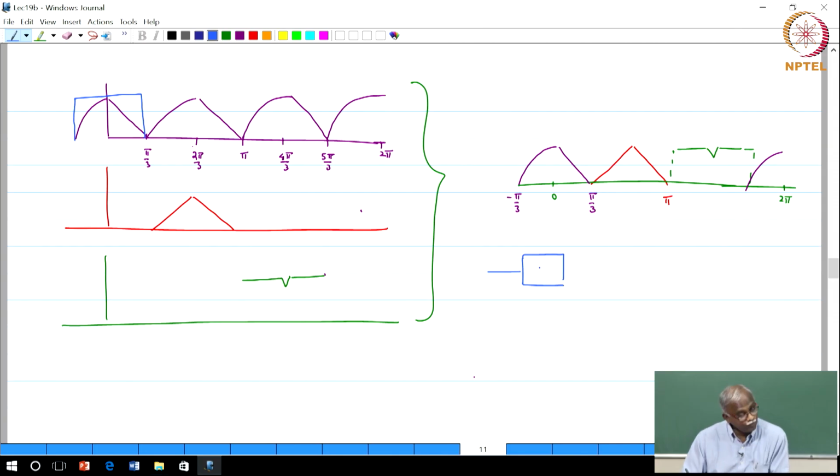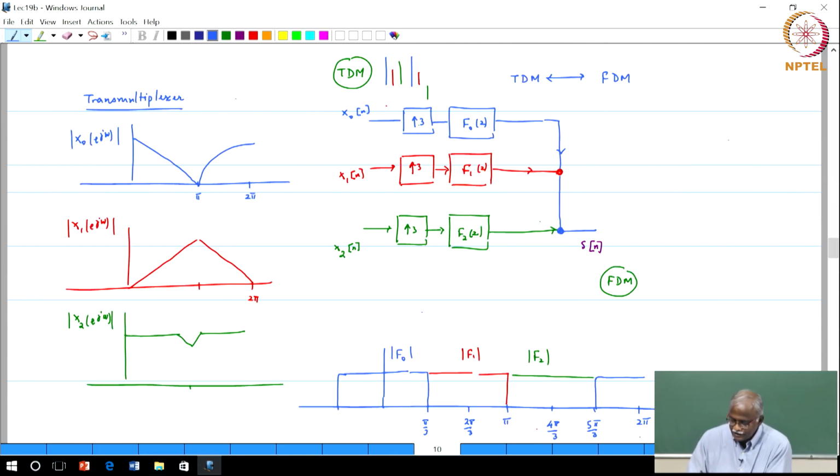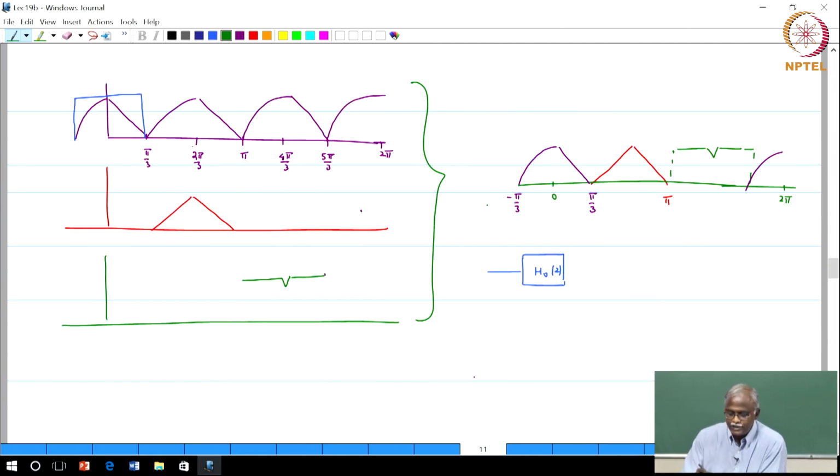I will call it h naught of z, where h naught of z shares the same spectrum as f naught, h1 shares the same spectrum as f1, and h2 shares the same spectrum as f2. So the structure is h naught of z, which is a low pass filter, followed by a downsampling by a factor of 3.